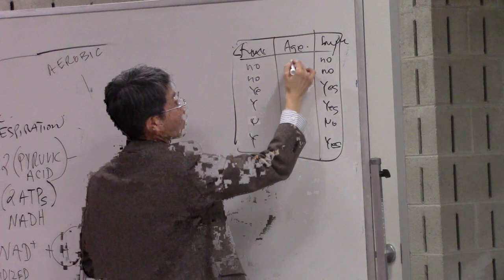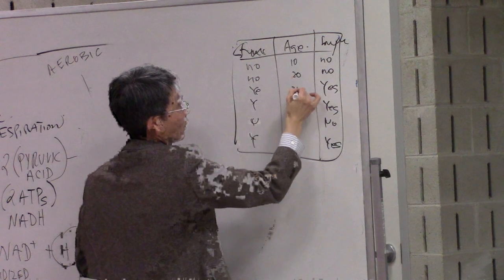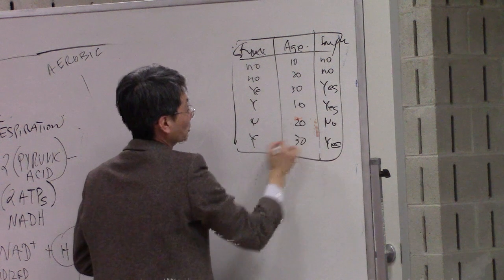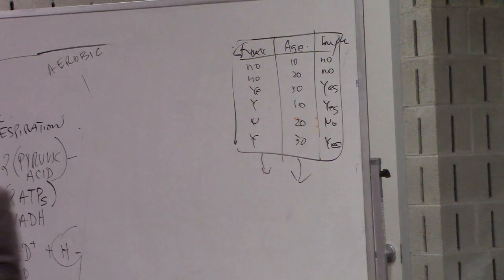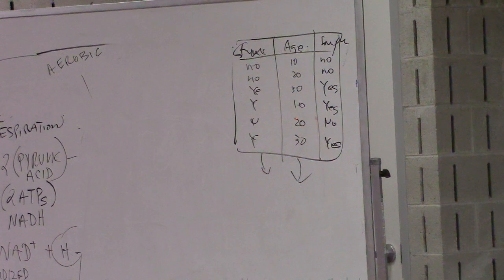And age is 10, 20, 30, 10, 20, 30. Which one will be better as an attribute to classify, as a classifier?